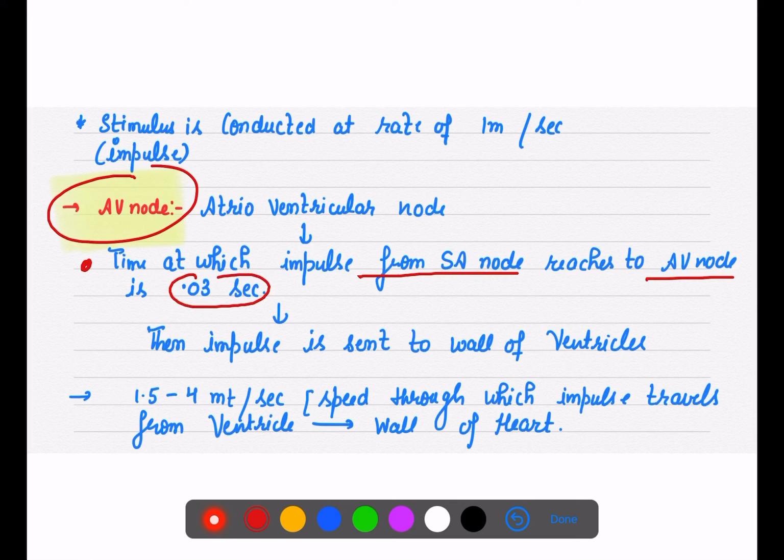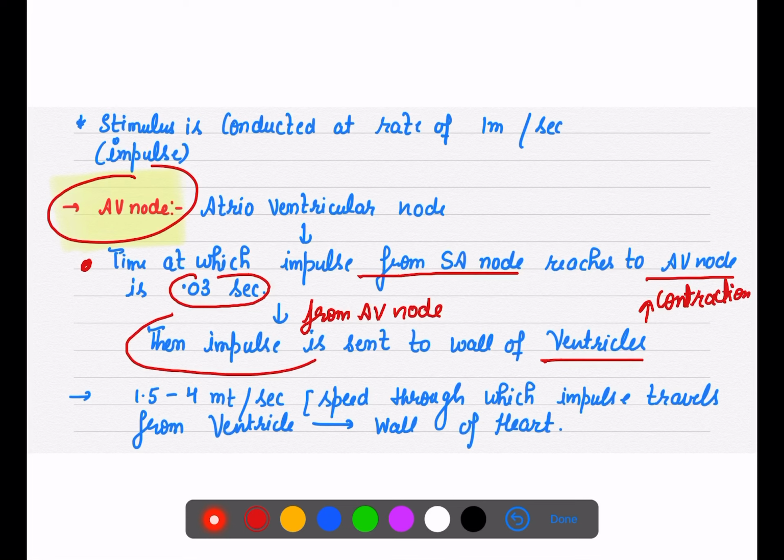Then the impulse is sent from the AV node to the wall of the ventricle so that proper contraction and pumping of blood to the different tissues can take place. Now, 1.5 to 4 meters per second, what is that? It is the speed at which the impulse travels to the wall of the heart.